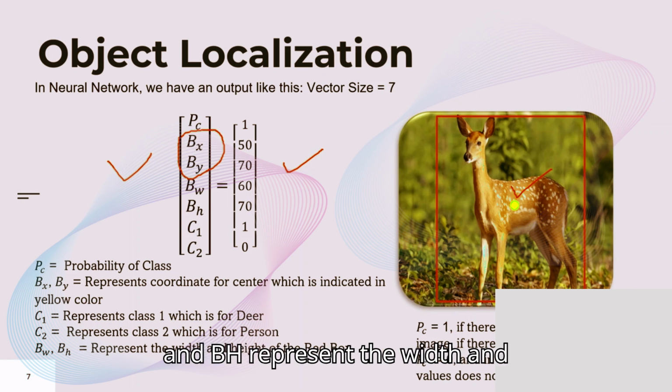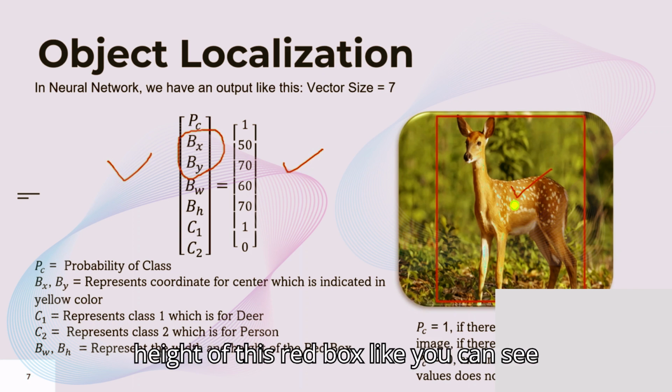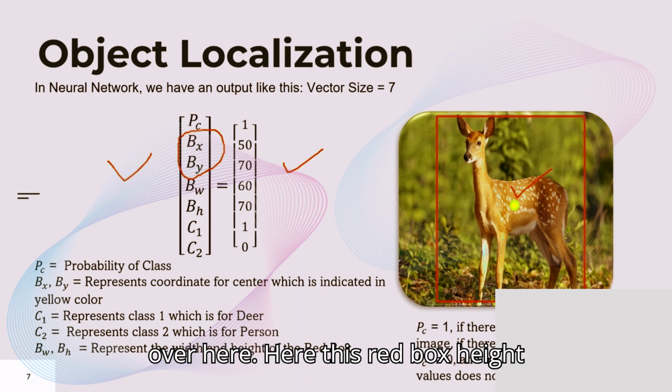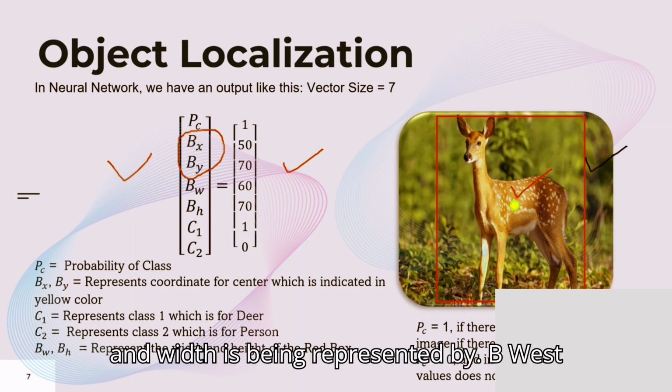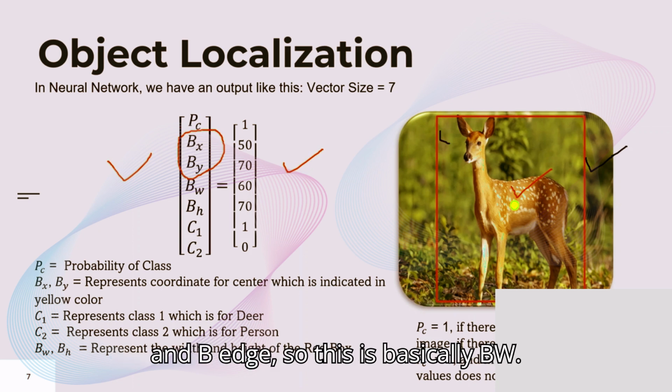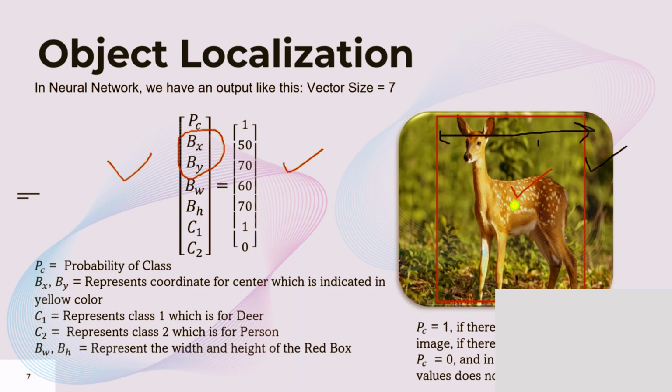And BW and BH represent the width and height of this red box. Like you can see over here, this red box's height and width are represented by BW and BH. So this is basically BW, and this is basically BH over here.